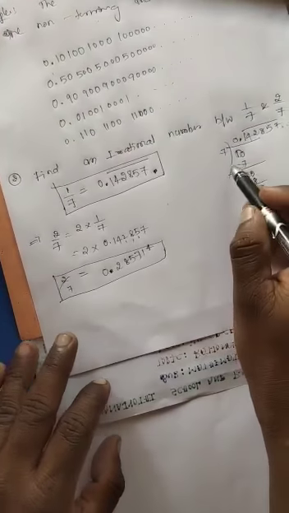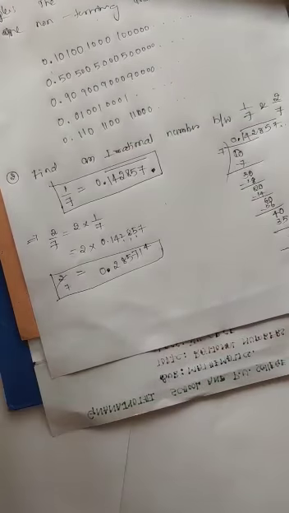Now we need to write an irrational number between 1 by 7 and 2 by 7. To find it, we find a number which is non-terminating and non-recurring, lying between them. Of course, you can find infinitely many such numbers.